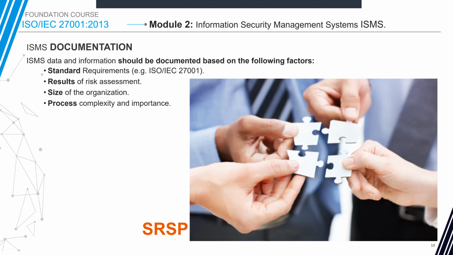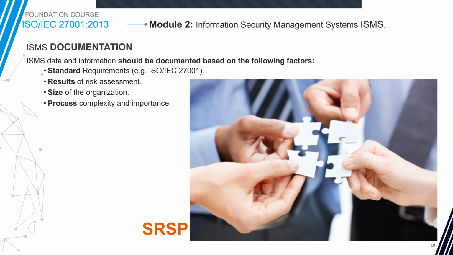Number one, whatever the standard requirements are. Suppose that you are implementing ISO 27001, then the ISO 27001 requirements will tell you that these documents are required. The external inspector will come and tell you, please show me these documents. And we will have some slides speaking about this mandatory documentation for the ISO.